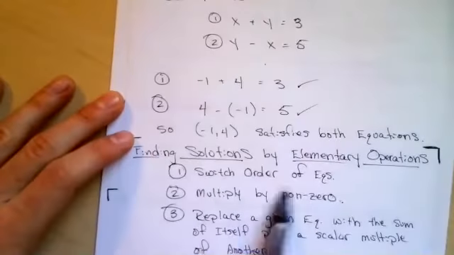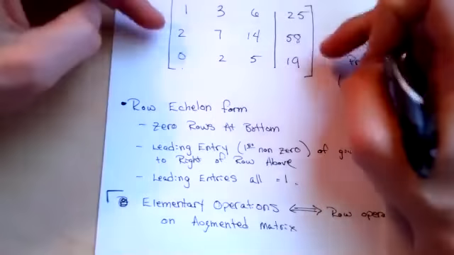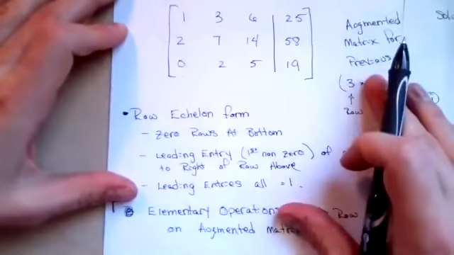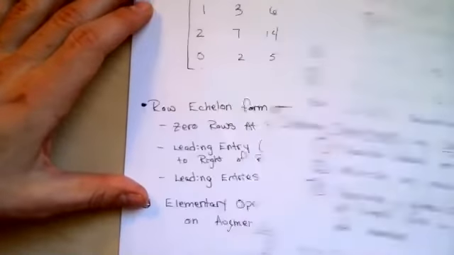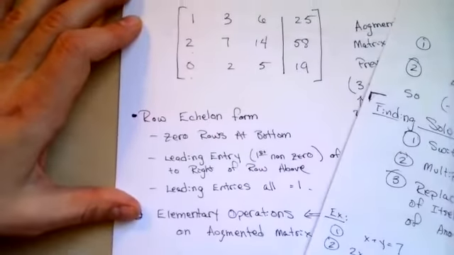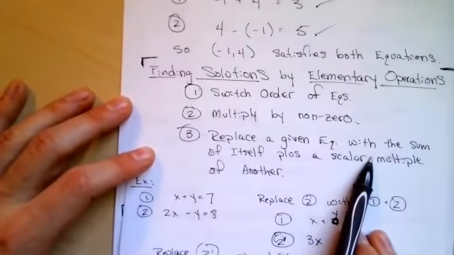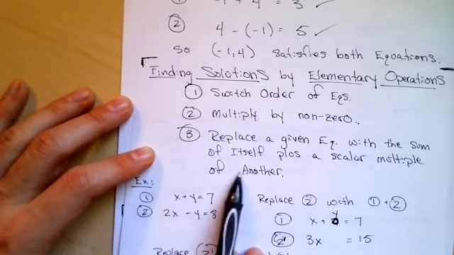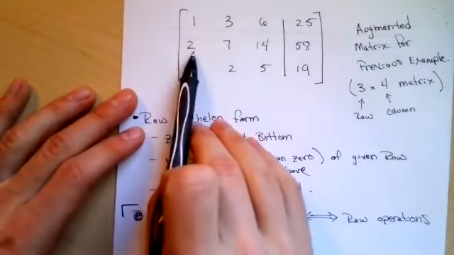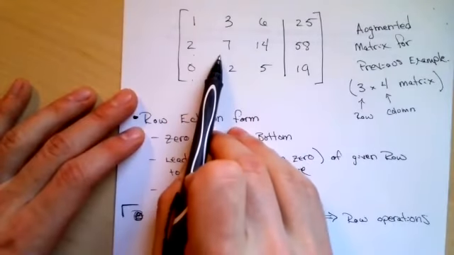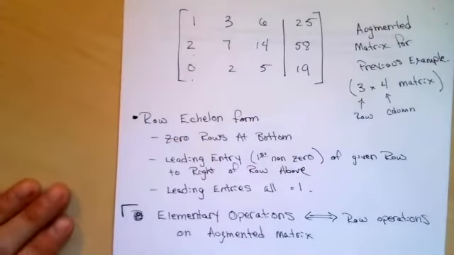We can switch the order of equations. That just means switching the order of the rows. I can take one row, move it up and down, and just flip them if we want. Multiplying by a non-zero means I could take one of the rows and multiply by a non-zero scalar if we want. And then, of course, our big one, replace a given equation with the sum of itself plus a scalar multiple of another, means we're going to be taking a scalar multiple of one of the rows and adding it to one of the other rows, and then replacing that row with the result.